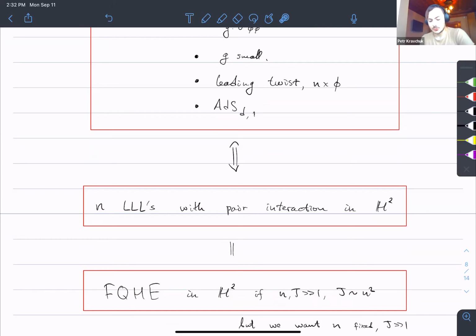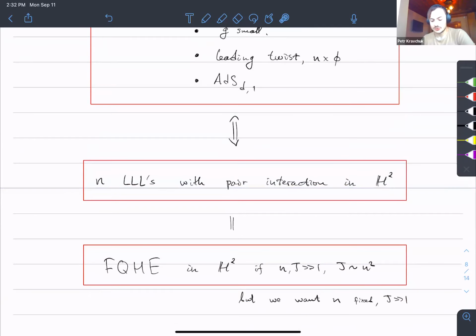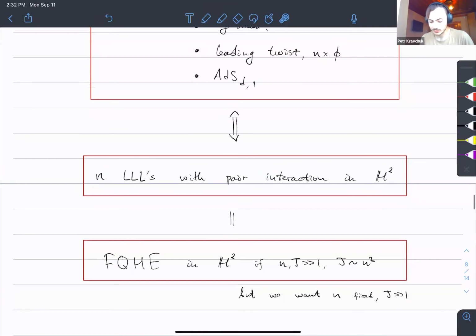That's not exactly what we want to do. We want to keep the number of particles fixed, say 3 particles, and study large spin when the particles are well separated. But it still is an interesting observation, and it's possible that there is some connection to be made in the context of large charge bootstrap, but I'll probably not comment on this.